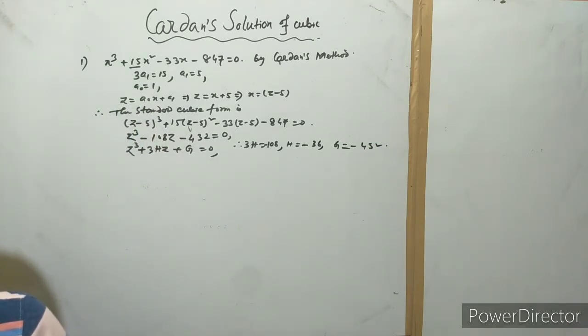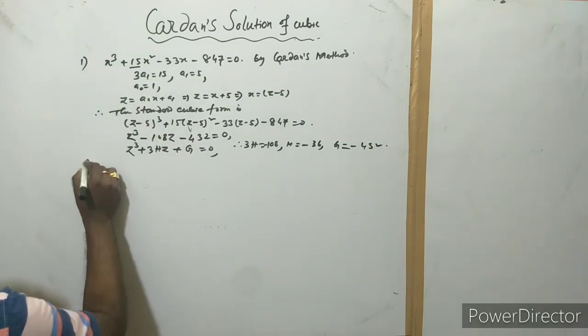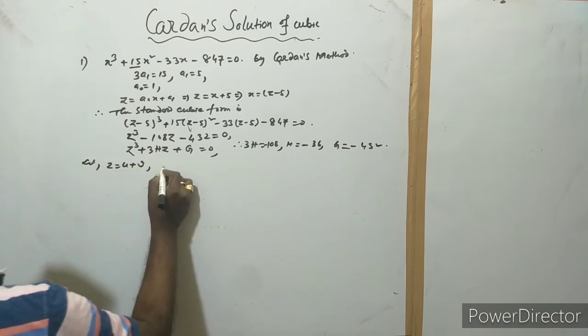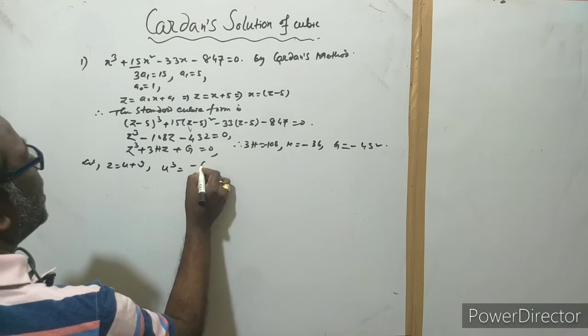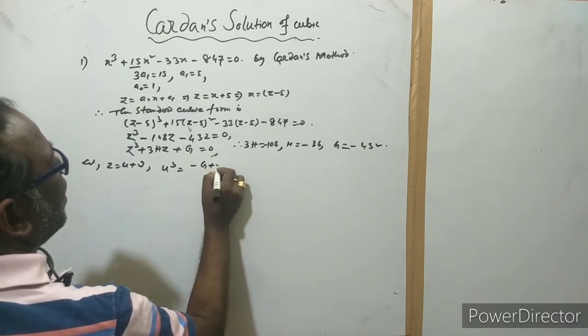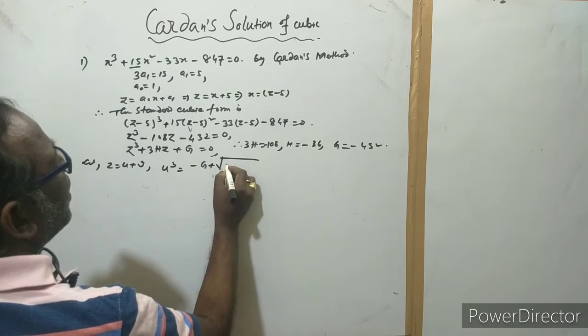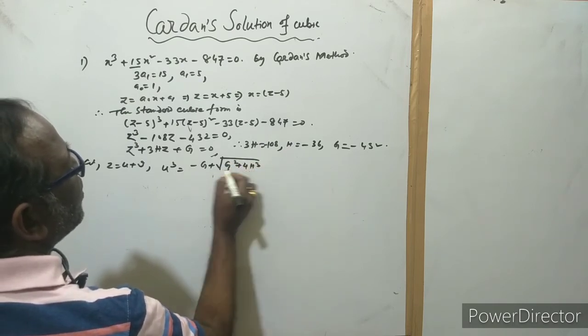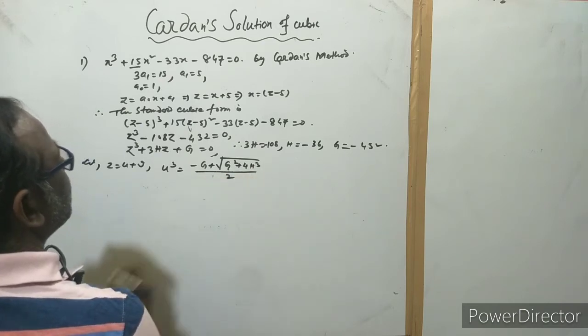Let z equal u plus v. So therefore u cube equals minus g plus root over g square plus 4h cube, by 2.